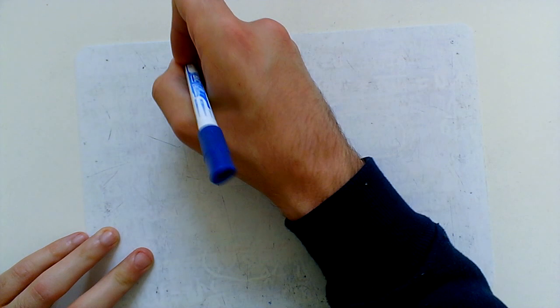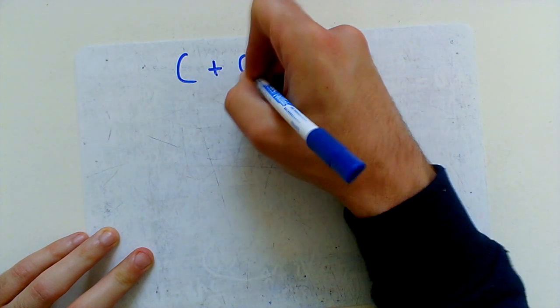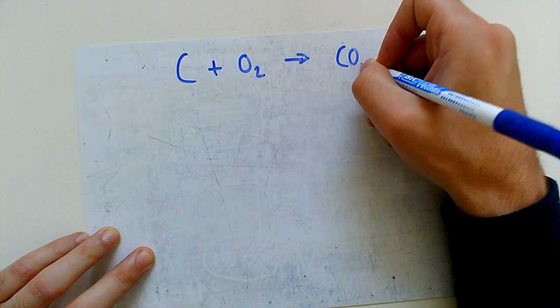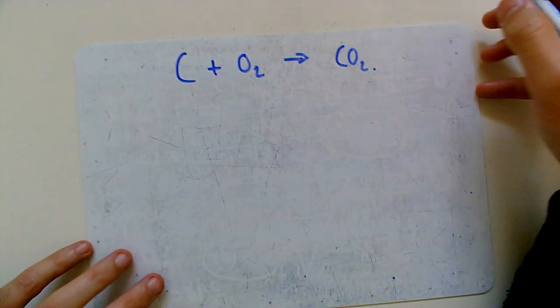Now the final stage, the hardest type of question, is what happens if they give you the mass of one chemical and ask you to work out the mass of another chemical? So we're going to come back to this equation, carbon plus oxygen going to CO2.